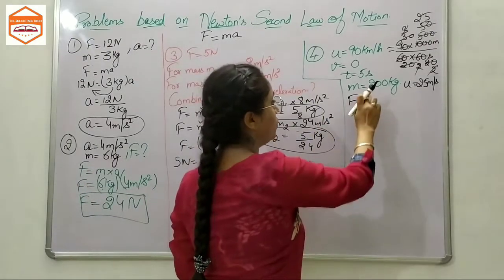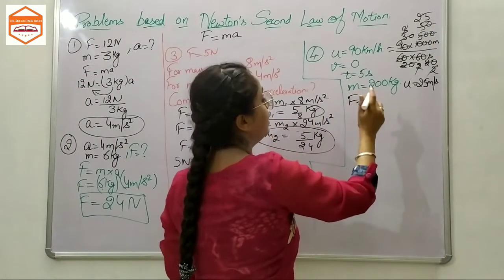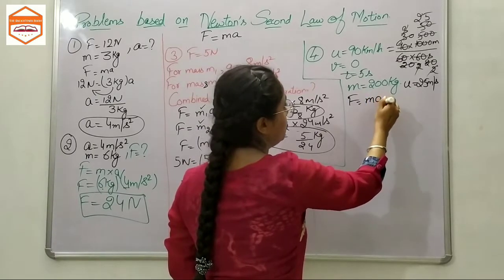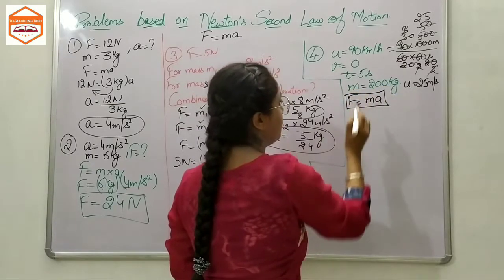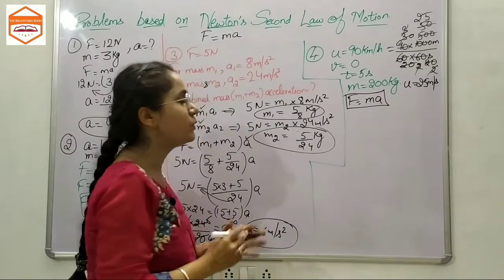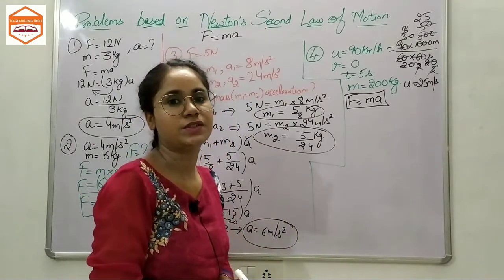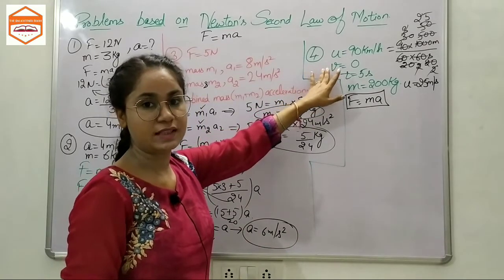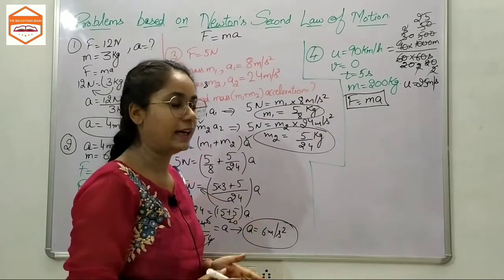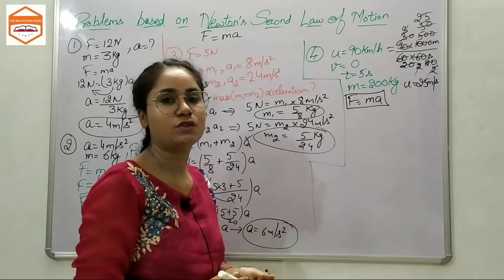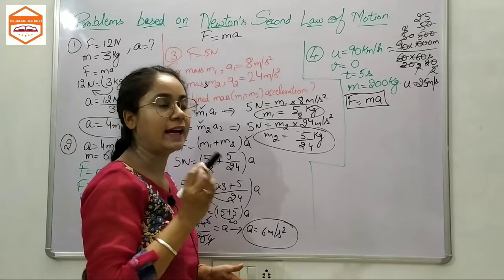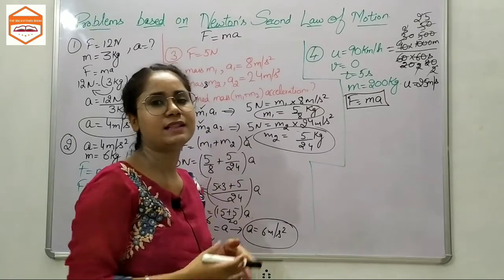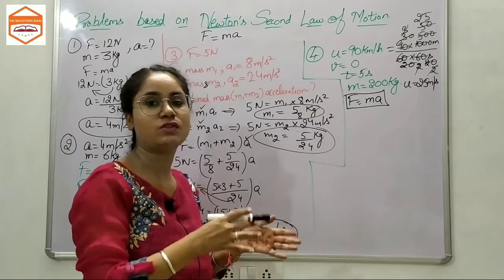So we know that the formula for Newton's second law of motion is F equals m times a, right? But we are not required with the acceleration here. We are required with the u, initial velocity, final velocity and time. And if you have seen my other videos, you would know that acceleration, I have repeated it many times, is the rate of change of velocity.